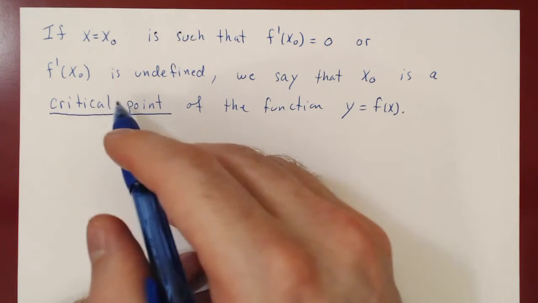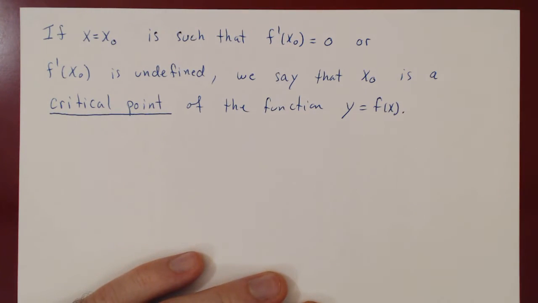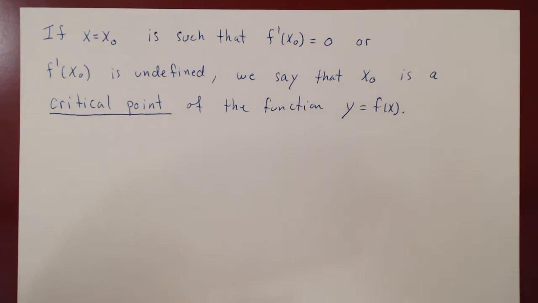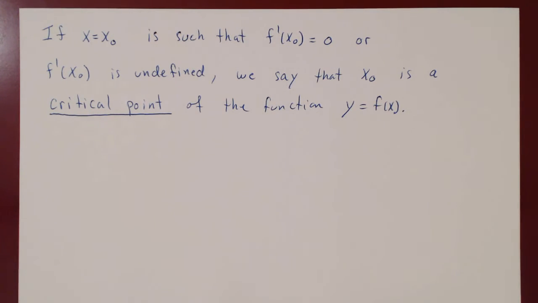And we use the word critical because those are really critical points. They're really important points. Because again, think of what you want from the first derivative. You want to know where the curve is increasing or where it's decreasing. So as long as the first derivative is positive, the graph is increasing, nothing will change.